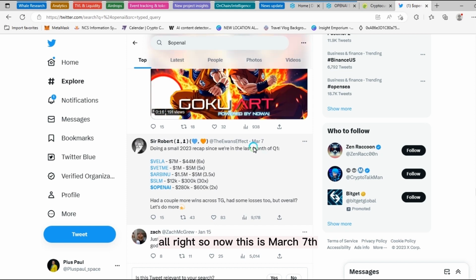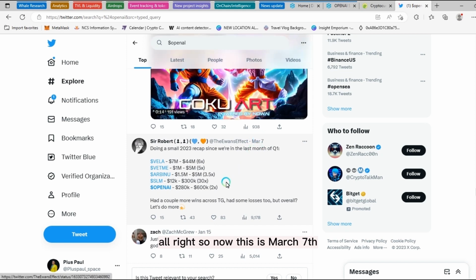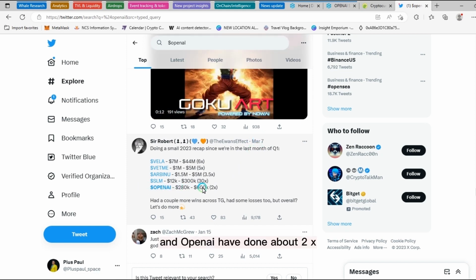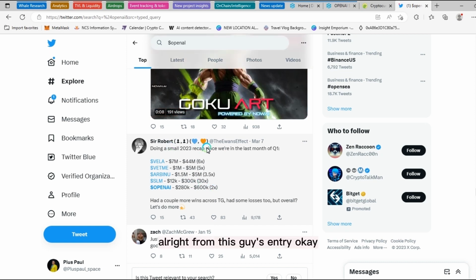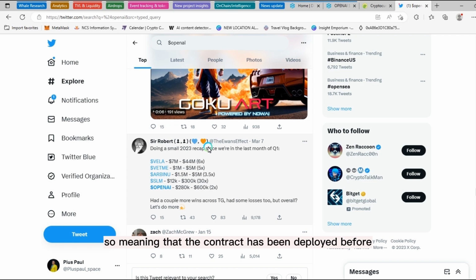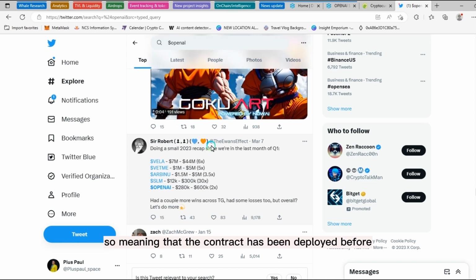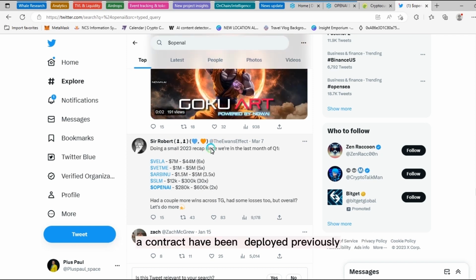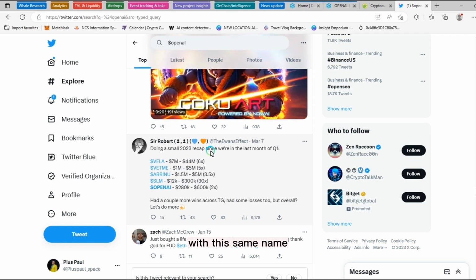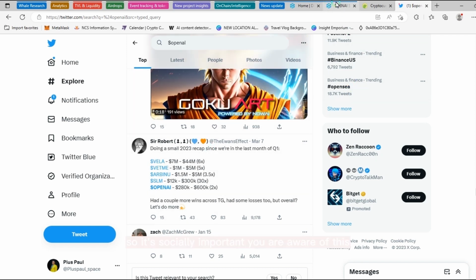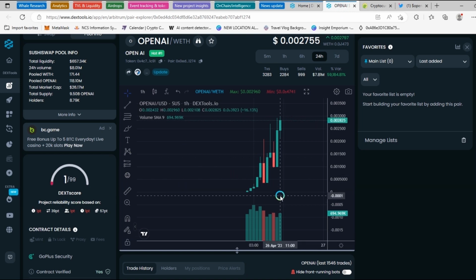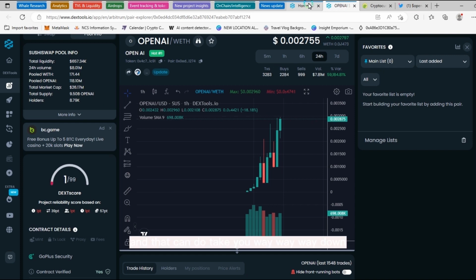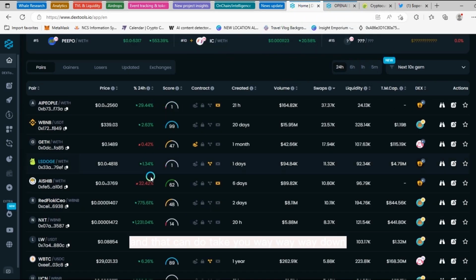So now this is March 7th and OpenAI has done about 2x from this guy's entry. Okay, so meaning that the contract has been deployed before, a contract that they deployed previously with this same name. So it's so important you are aware of this because any moment you could just see a boom, all right, and that candle will take you way down.